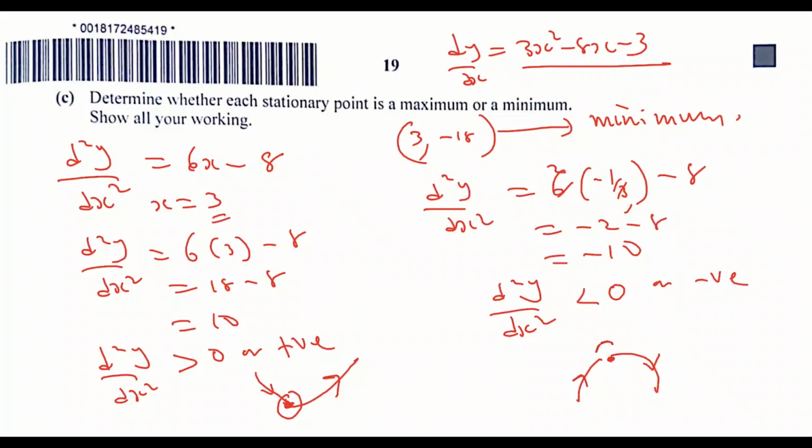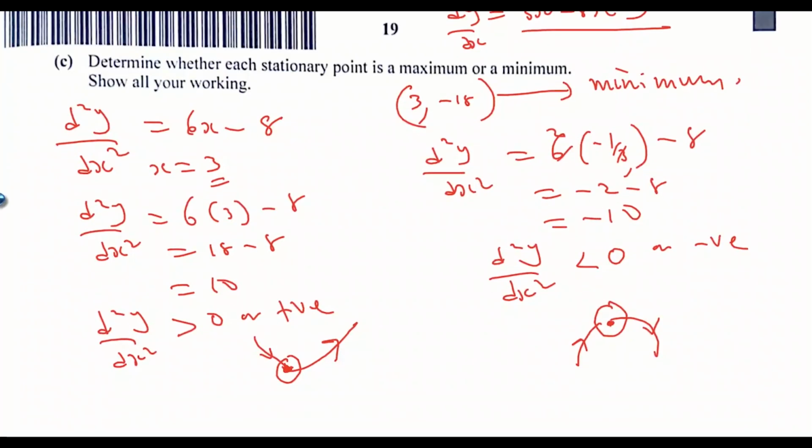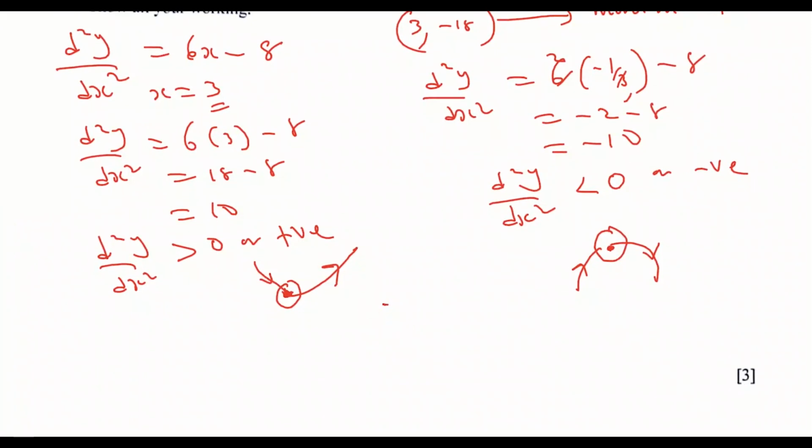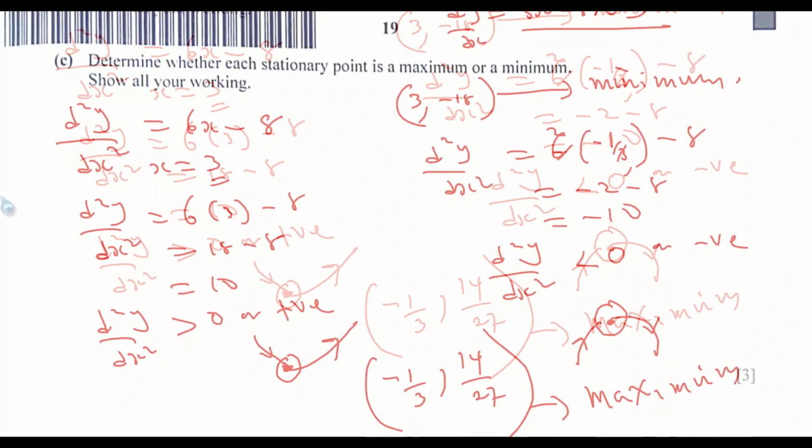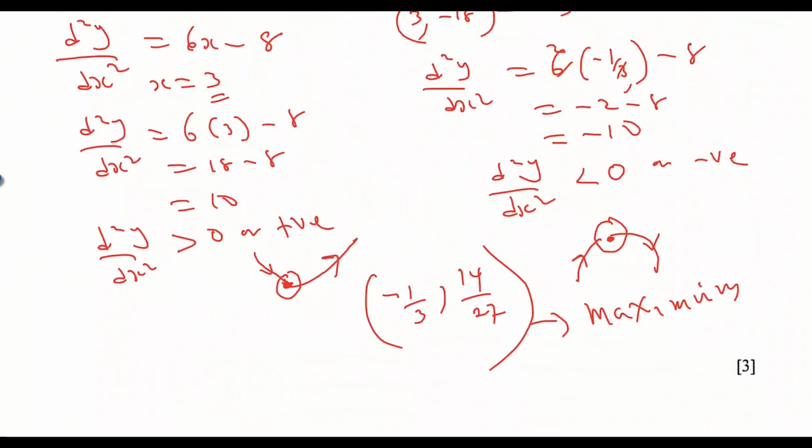So we have a maximum point here from the shape here. So that means at x equals to minus 1 over 3, 14 out of 27, at this point, we have a maximum point. So it is maximum. So this is the end of the solution.